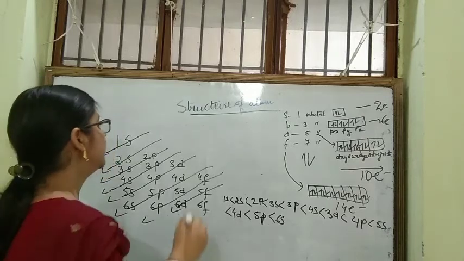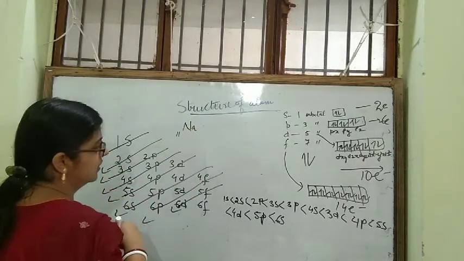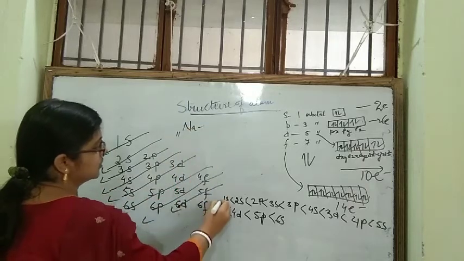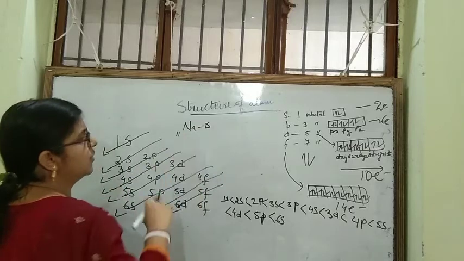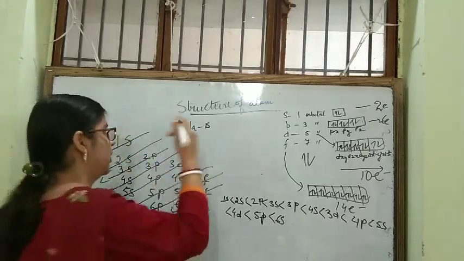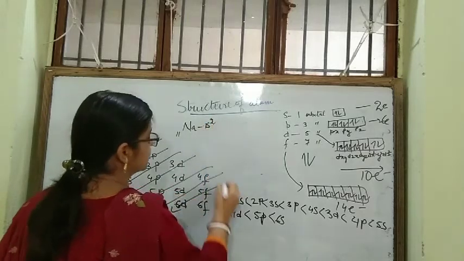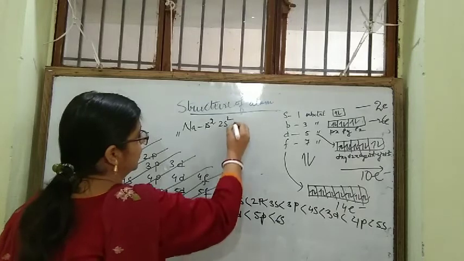So now if you are asked to write the electronic configuration of sodium 11, how you will write? First of all, 1s. How many electrons can be accommodated in s subcell? Yes, 2. 1s2. Next 2s2, 2 electrons can be accommodated.